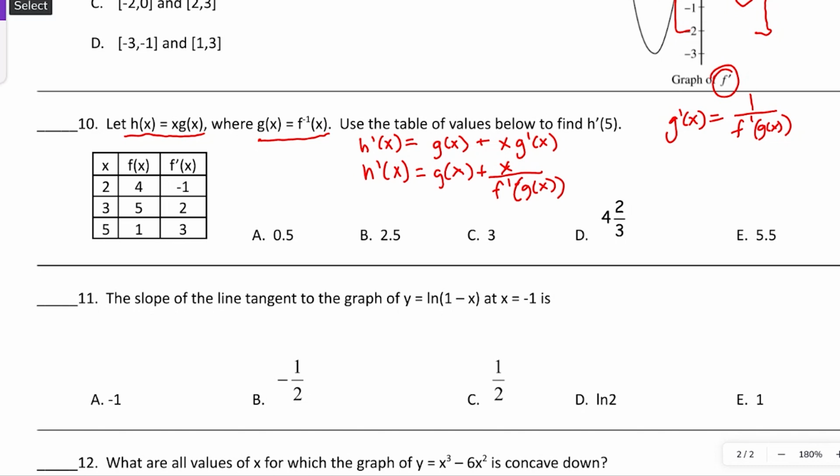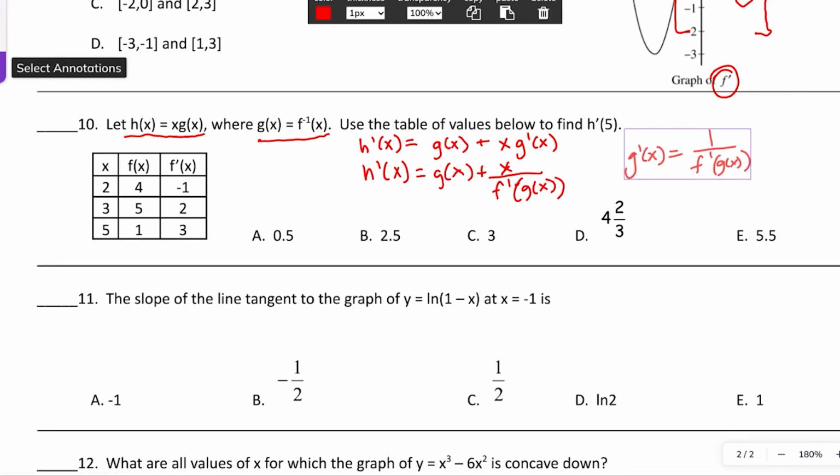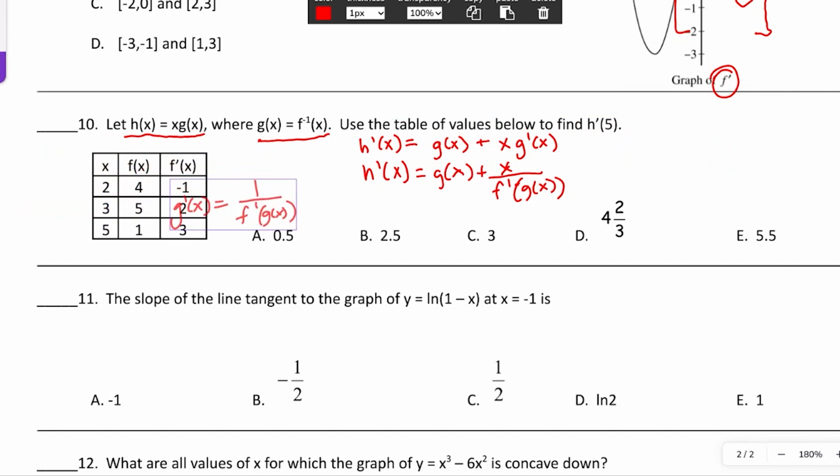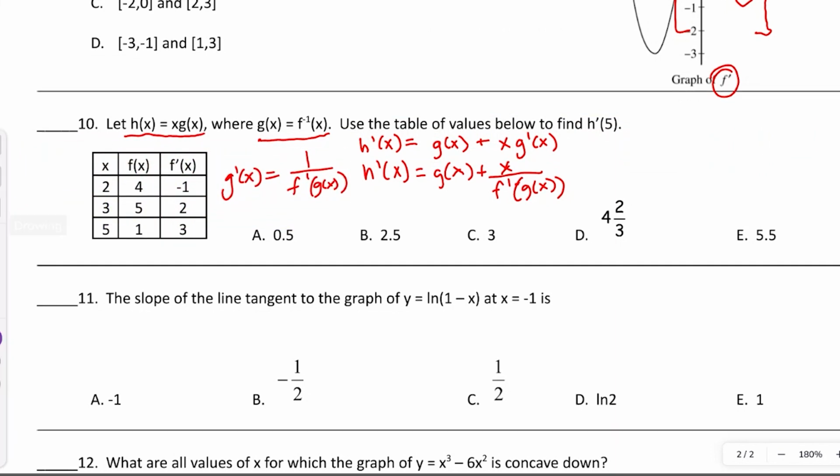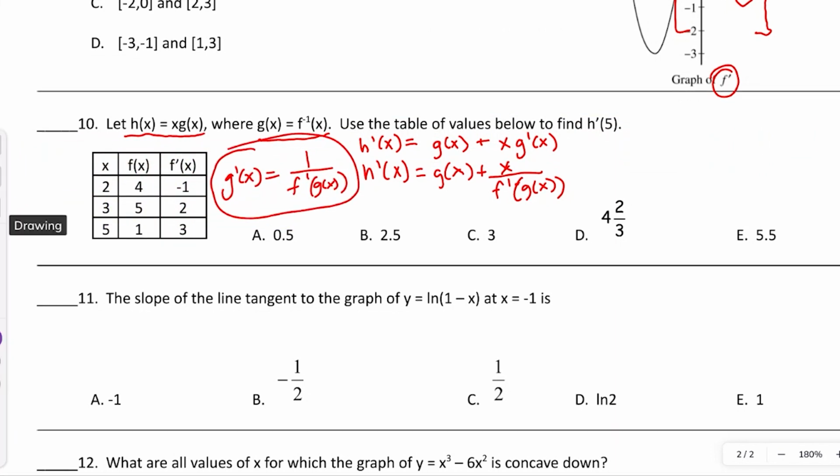Okay, so if we are trying to figure out h prime of 5, what I need to do is plug in 5 into x. So h prime of 5 will be g of 5 plus 5 divided by f prime of g of 5.